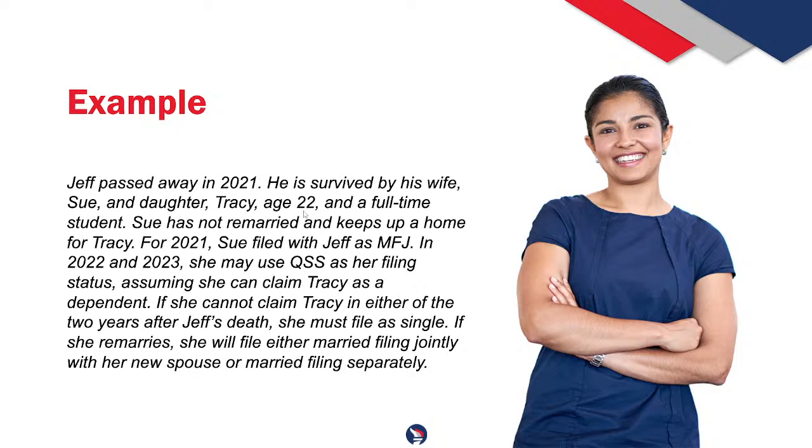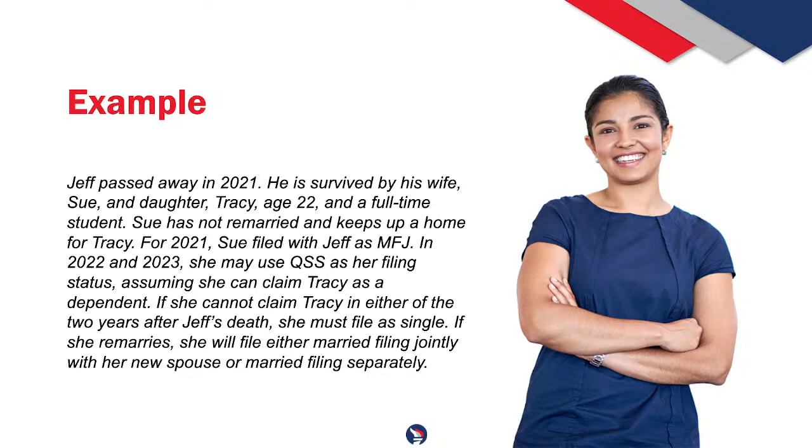But let's talk about this one here real quick because there's a sentence up here that opens up an idea. If she cannot claim Tracy in either of the 2 years after Jeff's death, well, that doesn't mean that she has to claim. Or if there was some reason 1 year she couldn't, but the next year she could. So say for the purposes of this example, in 22 she couldn't. For whatever reason, she was in such a wreck, she really couldn't support anybody.